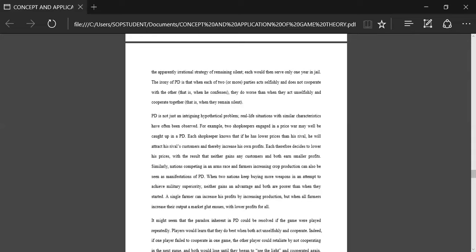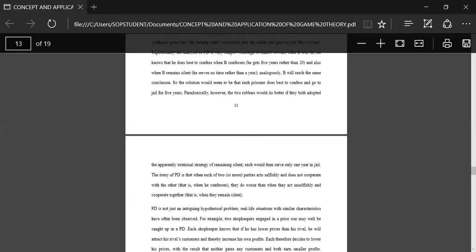And so each of the shopkeepers decides to lower their price, and the result is that neither gains any customers and both earn smaller profits because both shopkeepers took the same decision.